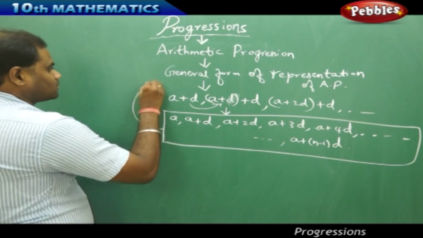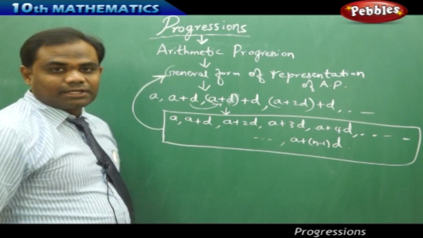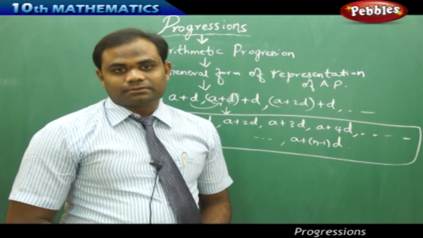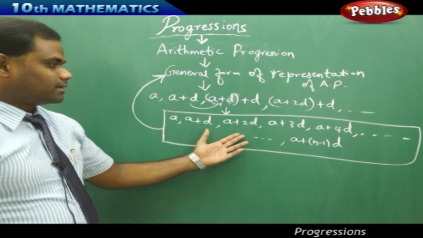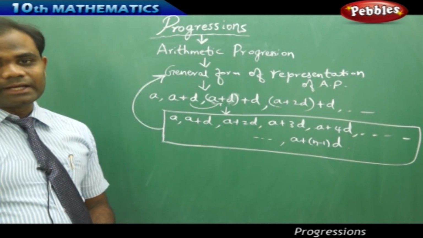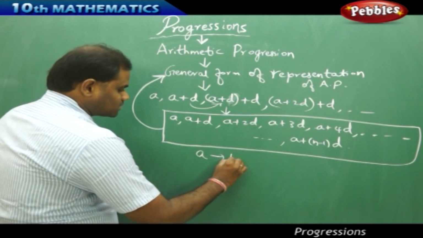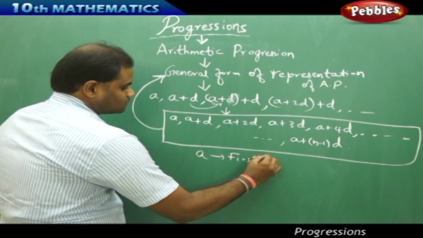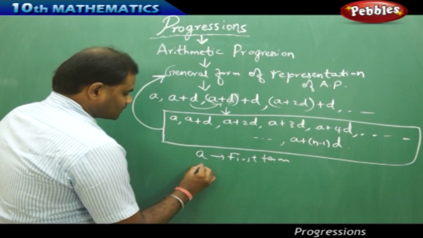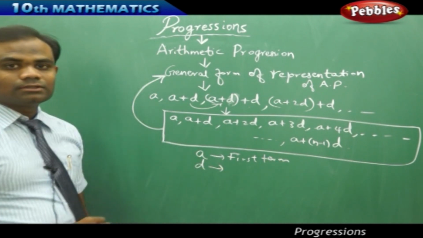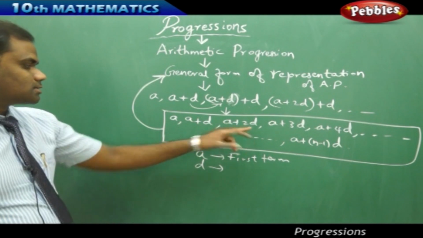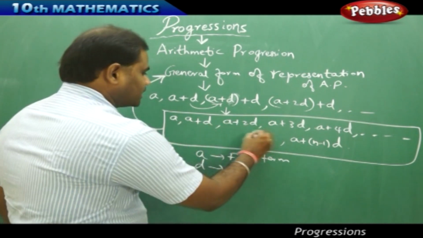This is called the general form of representing the arithmetic progression, where a is called the first term and d is called the common difference, because every time you take the difference, I get d.